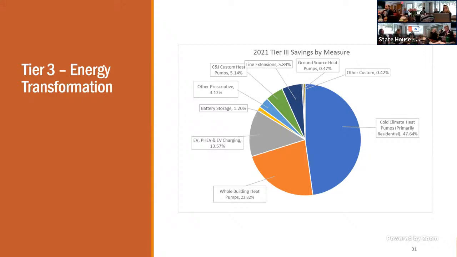And they get megawatt hour equivalent savings. There's a calculation done by a technical advisory group to say each heat pump on average reduces fossil consumption by X amount, between 20 and 40%, depending on the type of heat pump. And then we translate that into the megawatt hour equivalent in order to count savings.